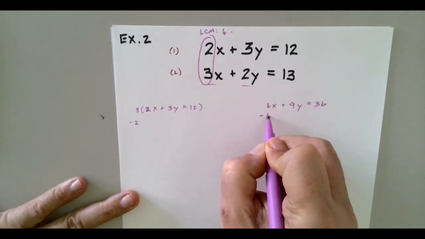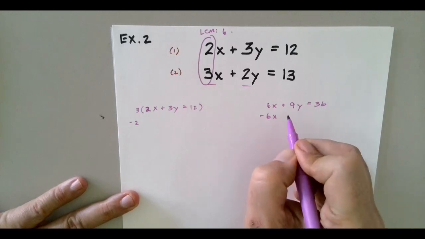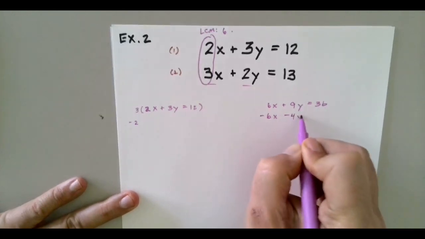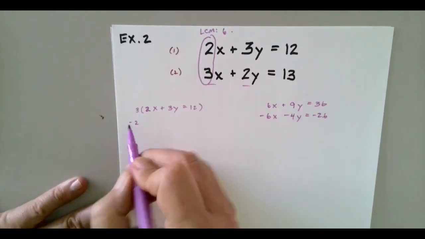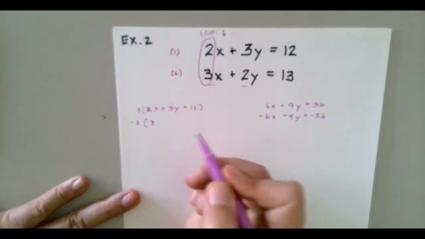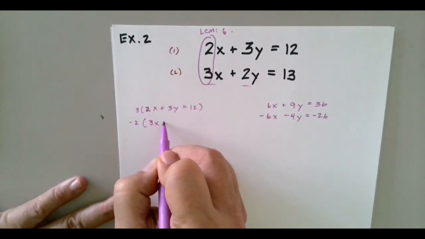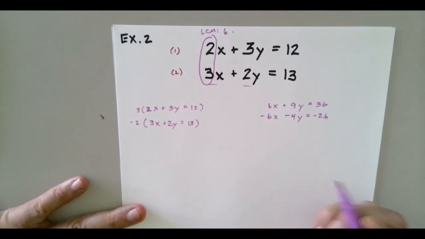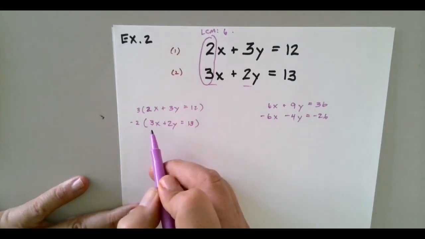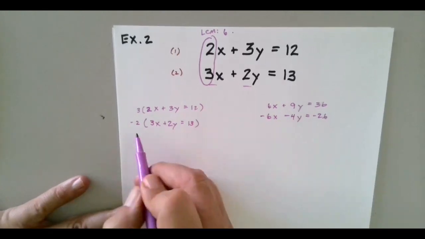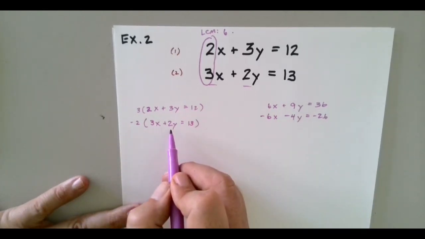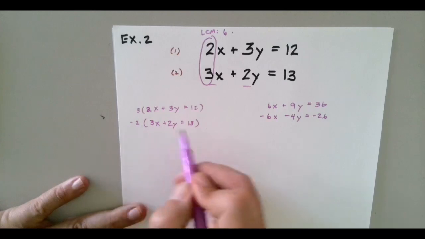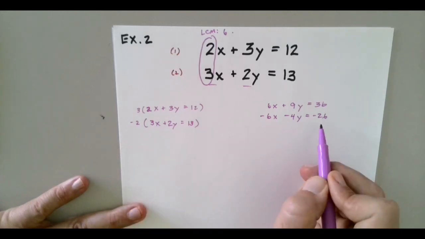So I get negative 6x minus 4y equals negative 26. I could have multiplied by 2 and then I would have had to subtract. So what I did instead is I just multiplied by negative 2 and then I could just add. Negative 2 times 3 is negative 6. Negative 2 times 2 is negative 4. Negative 2 times 13 is negative 26.